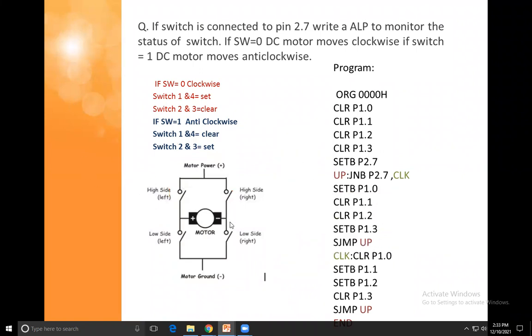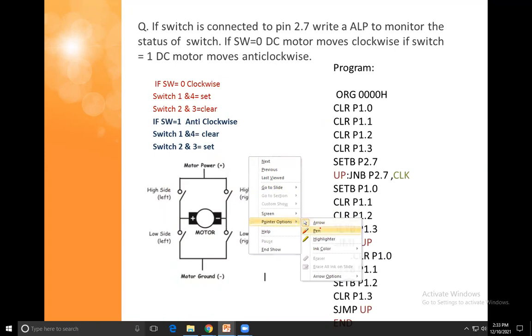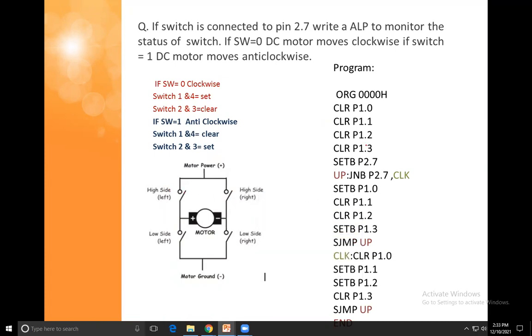Means when this bit and this bit is on, the connection is there.